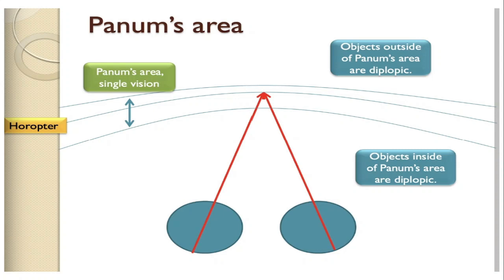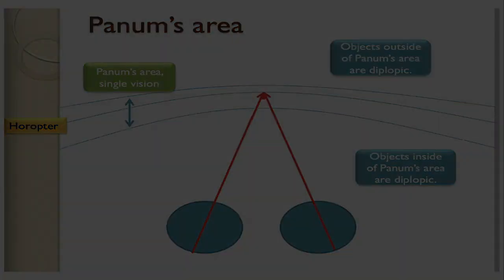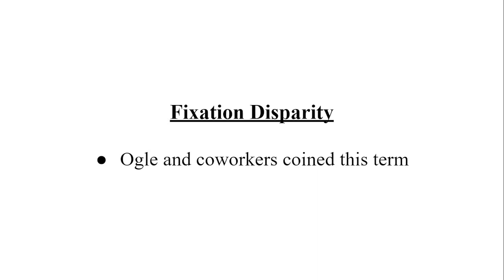Panum's area is not a fixed region and can vary depending on factors such as the size and shape of the object, the distance of the object, and the size of the retinal disparity. Ogle coined the term Panum's area to refer to this region in visual space where objects can be seen within single fusion vision.